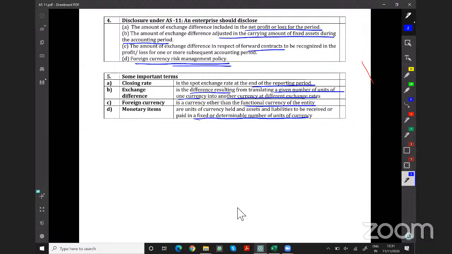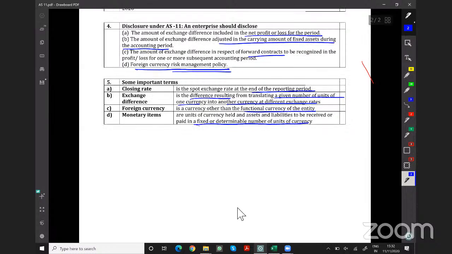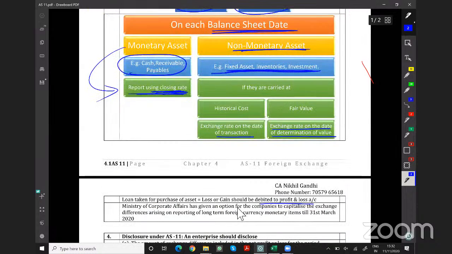So $1,000 is fixed, but we cannot say this in case of my inventory. Sir, I can sell it at 40 rupees, I can sell it at 80 rupees, I can sell it at 60 rupees. Same goes for your assets. So that's why monetary items are cash, payables and receivables. In case of non-monetary items, they will be your assets, inventories and investments.